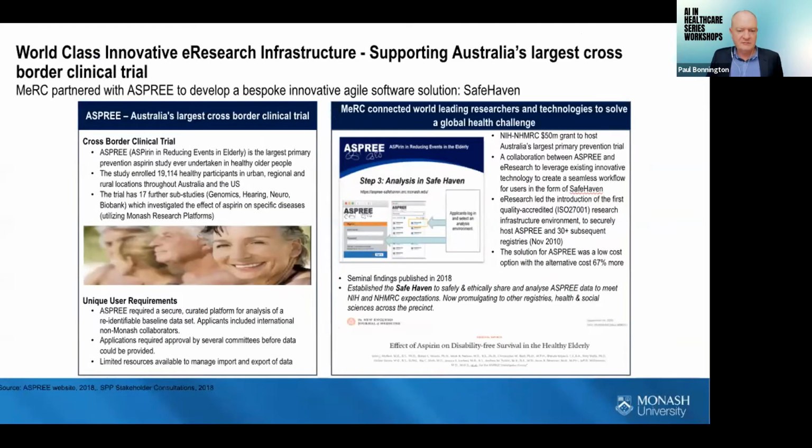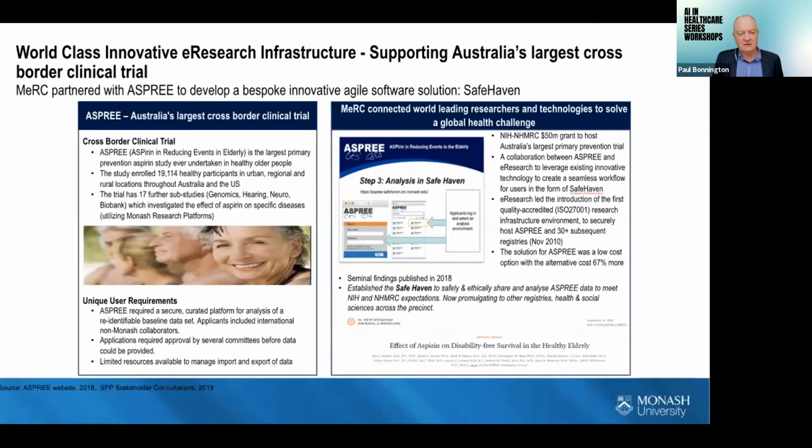Now, I want to move on to really what started our journey of dealing with sensitive data. This is a major study which was actually the largest project funded by the NIH in the US. And it's money that came to Australia to do a clinical trial in the use of aspirin in the elderly.